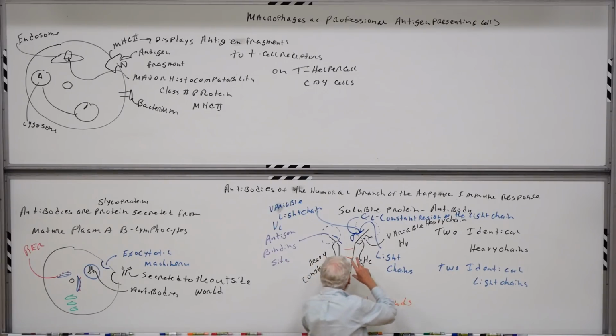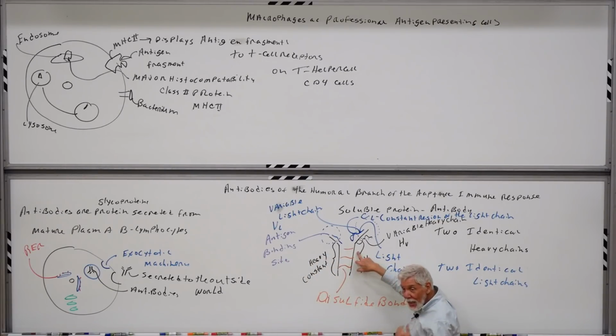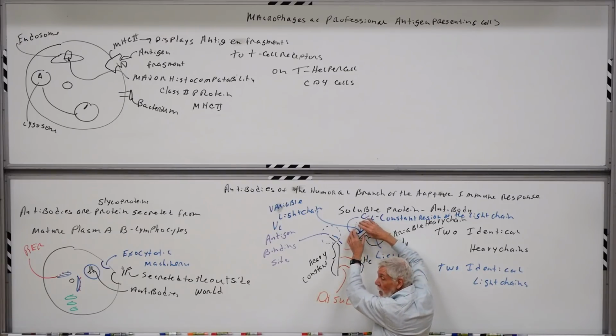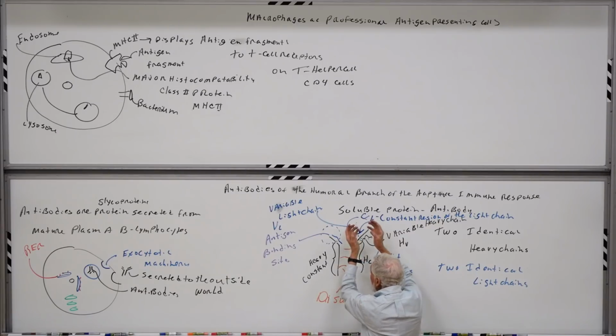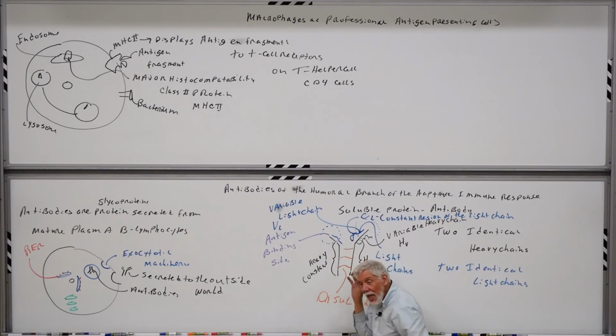But now if we begin comparing antibodies released from different B cell lineages, what's different is out here at the short arm of the Y. At the end of the short arm of the Y, there's a three-dimensional shape determined by the amino acid sequence, just as we've seen a million times before, that determines the specificity of that antibody for the antigen to which it's going to bind.